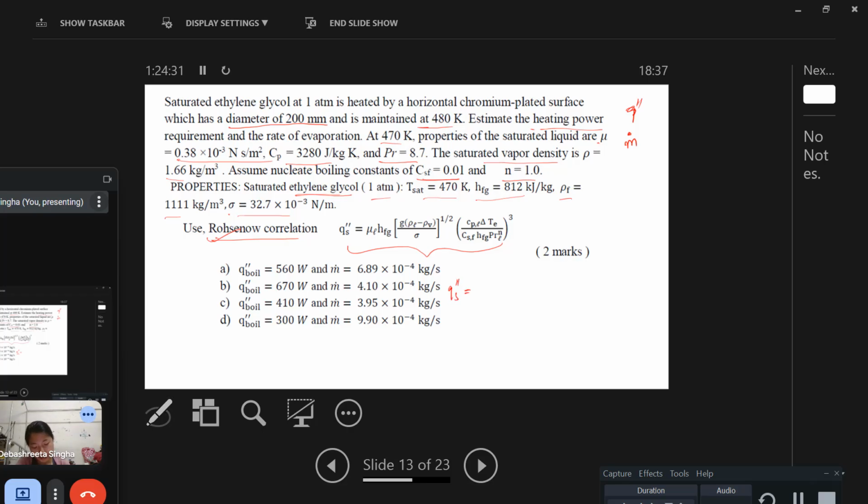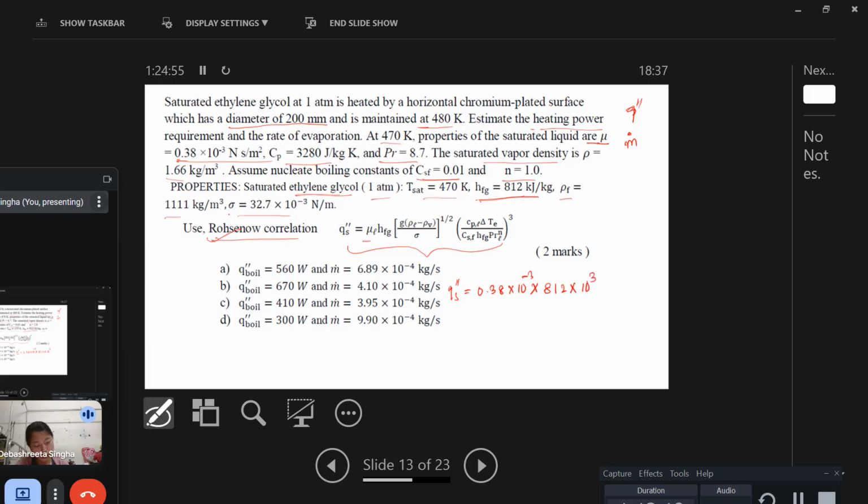So Qs is equal to mu L times the saturated liquid, right? So 0.38 into 10 to the power minus 3, times HFG, the latent heat, 812 kilojoules.